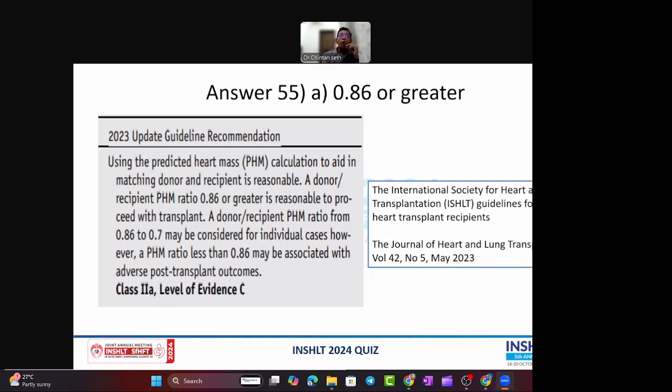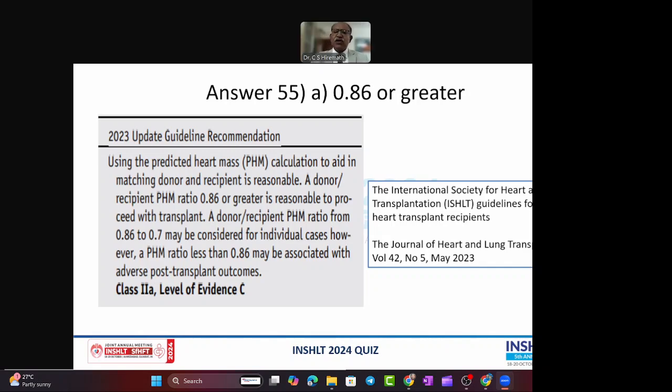Suppose the patient is obese, then we see the predicted heart mass, and if the ratio of donor to recipient is 0.86 or more, then it's considered an ideal donor for that recipient. If the ratio is less than 0.86 or less than 0.7, then that donor is not good for that particular recipient. So predicted heart mass is the index to select which donor is suitable for the given recipient.